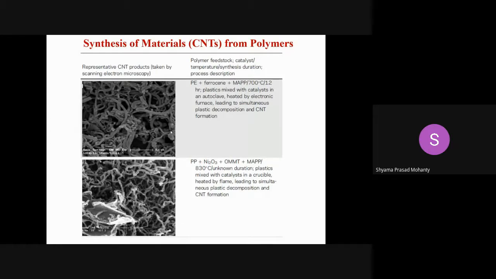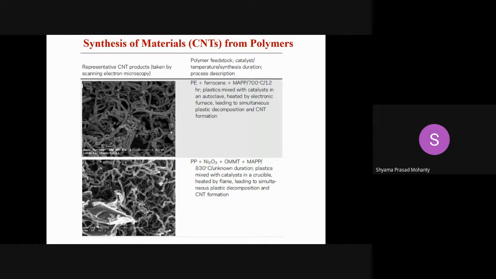When it was carbonized at 700 degrees Celsius for 12 hours, these carbon nanotubes were obtained, and they were characterized by Raman spectroscopy and XRD for confirming these carbon nanotubes. Scanning electron microscopy and transmission electron microscopy tools have also been utilized.